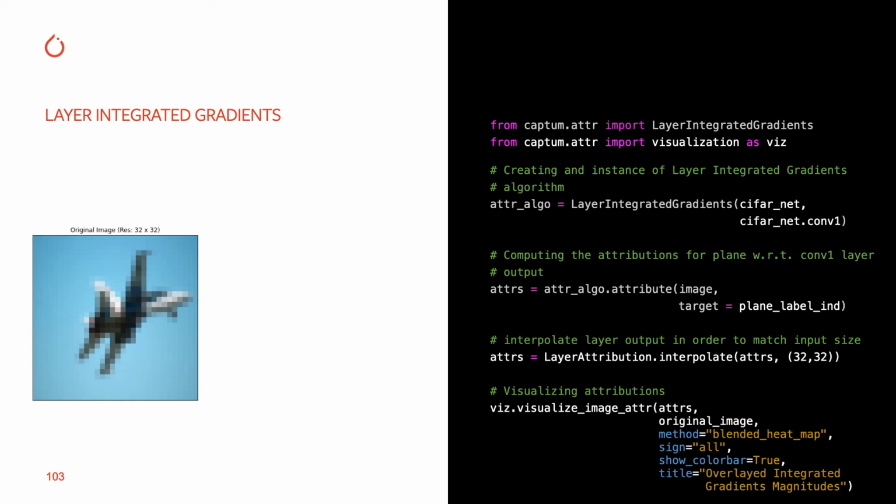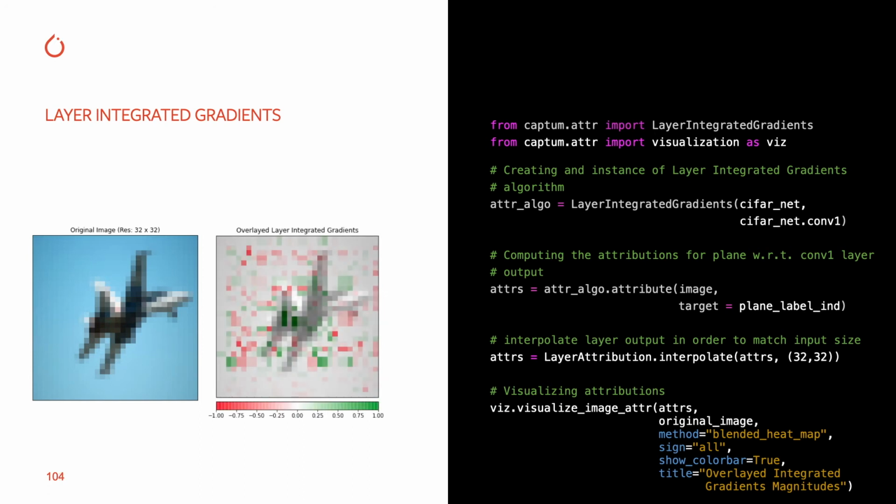In this case, we chose the first convolutional layer, conv1. We then compute the attributions for the layer and interpolate those attributions to the image size so that we can visualize them. Now we can visualize attribution scores for the conv1 layer and examine what important features the layer learned, highlighted in green and red colors.